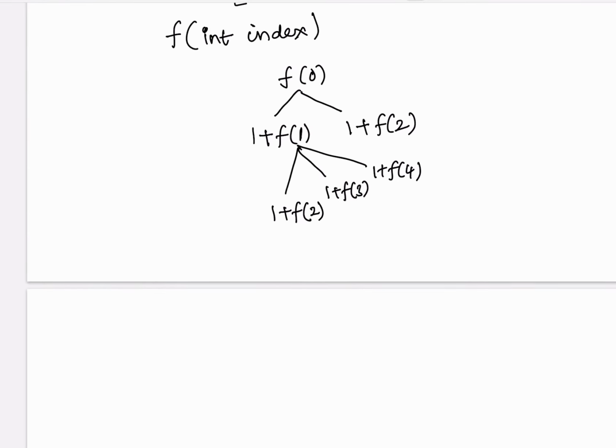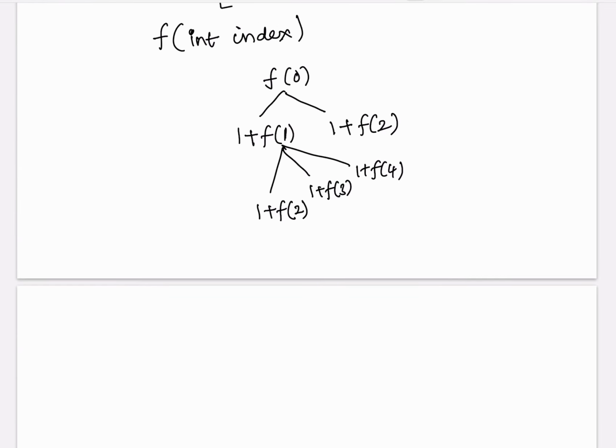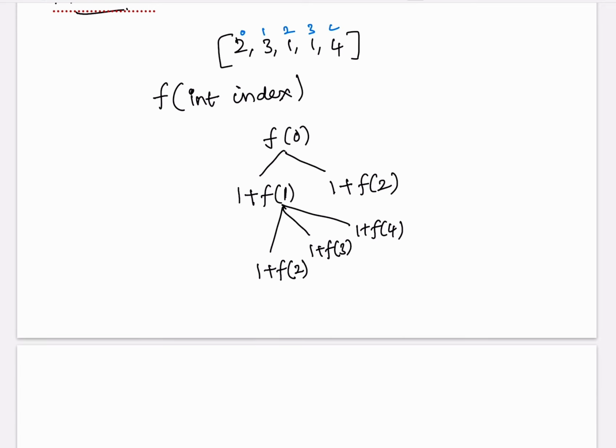Right now, if you are at position index 2, the possibility that you can jump from this index is only 1, because the value here is 1.